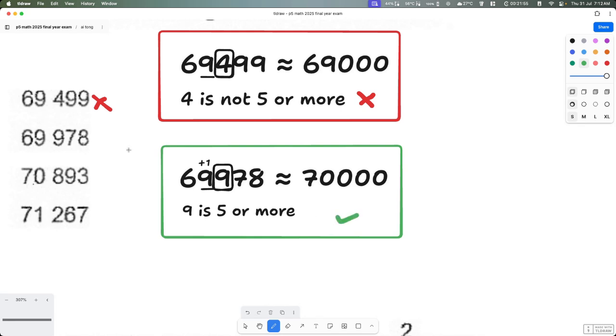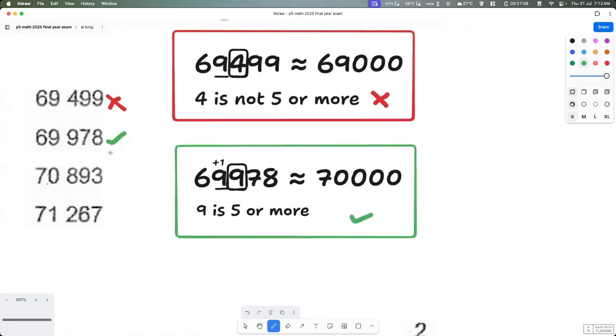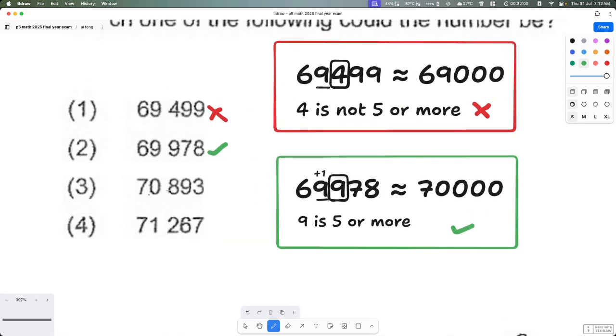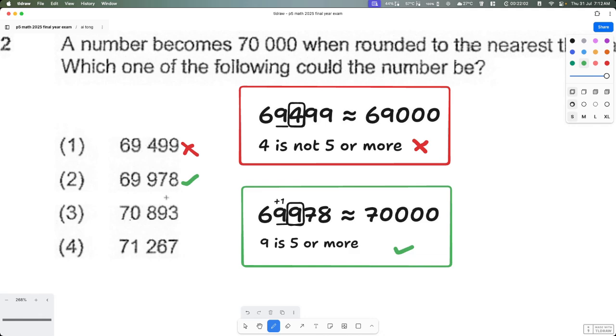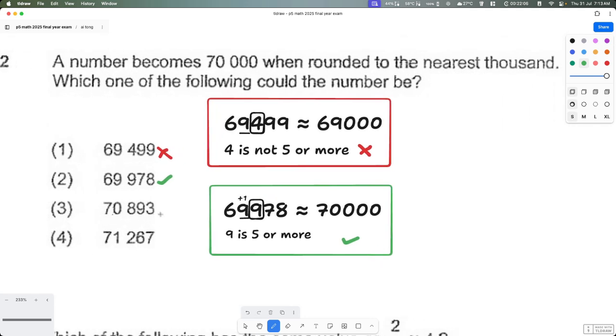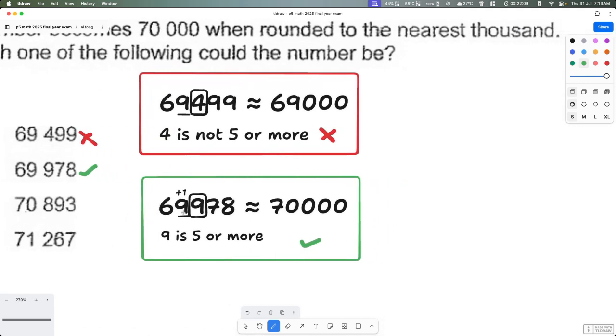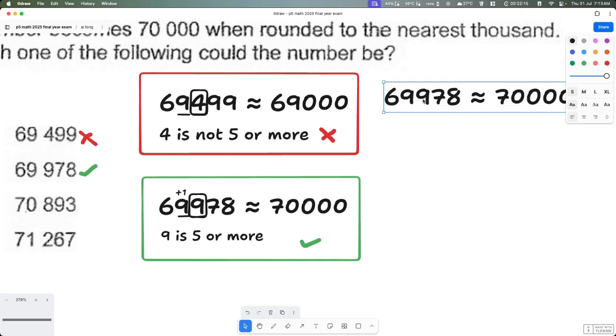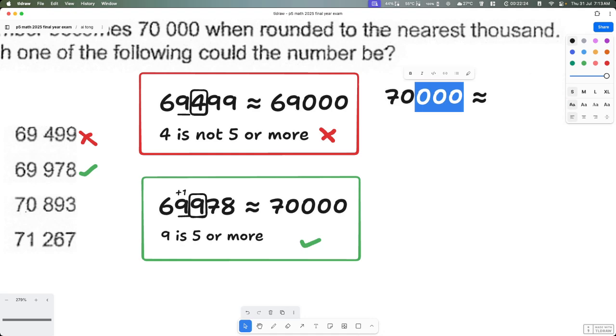Let's double confirm for the rest of the numbers. The next number is 70,893. I'm going to do the same as what we see over here. So 7,000, then 893.